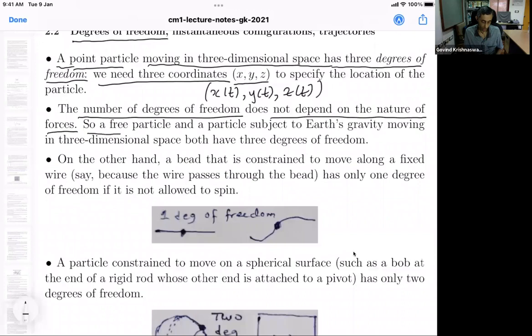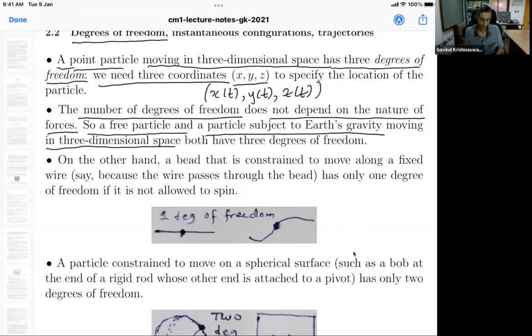So in particular, a free particle, that is one that is isolated, far away in outer space, not subject to any forces or interactions with other physical objects or fields, and a particle subject to Earth's gravity, moving in 3-dimensional space, both have 3 degrees of freedom. So it doesn't matter if the particle is under the influence of Earth's gravity or you have turned gravity off, the number of degrees of freedom does not change. So this is a very basic concept and a useful one.